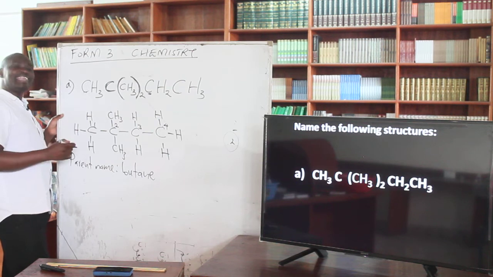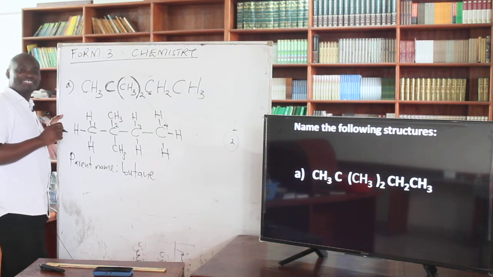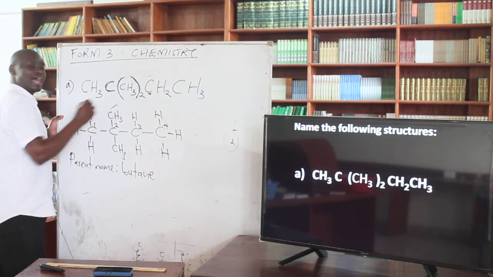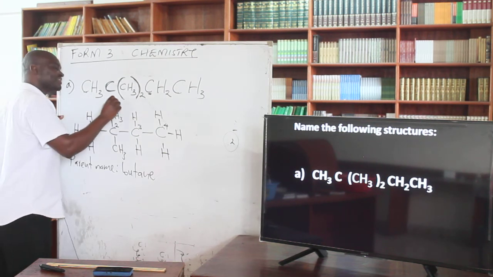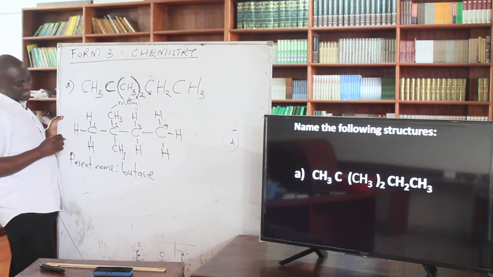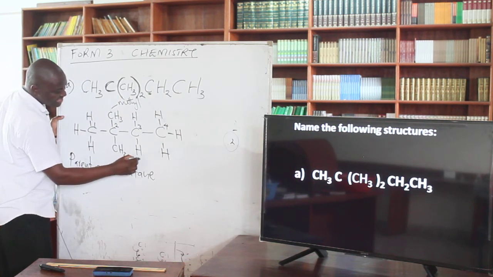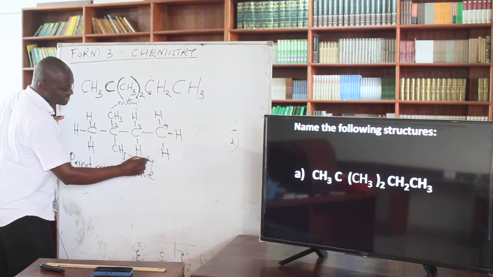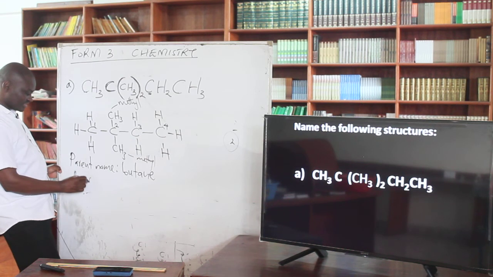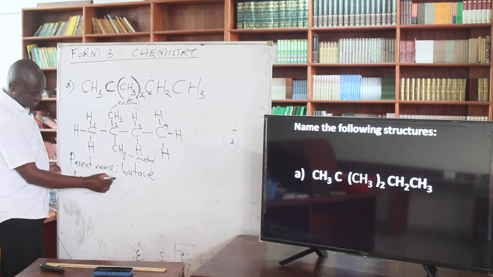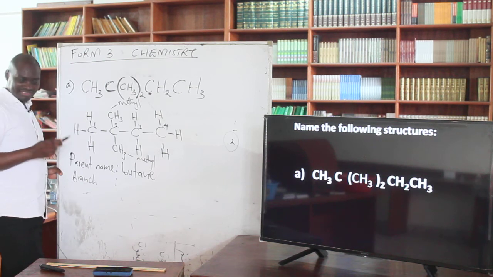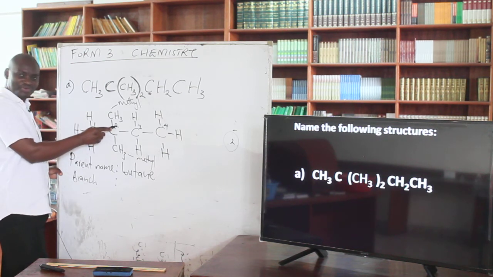Now the next step is to identify the branches. This one here is called a methyl, and this one is also called a methyl. Where do we get the branches? The branches are at carbon number 2.